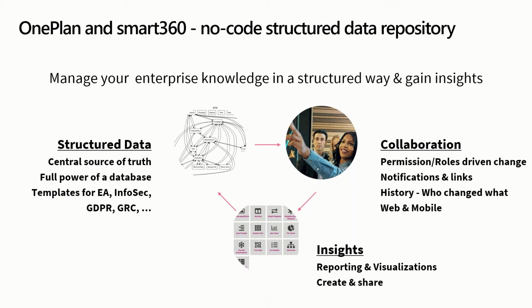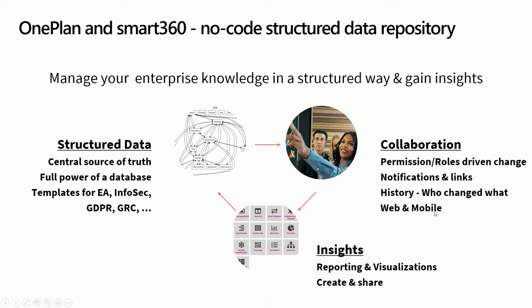So at the end, what you have is a central source of truth. Everyone can actually reference and appreciate the relationship between all of the different elements and the value that is being derived from investments.